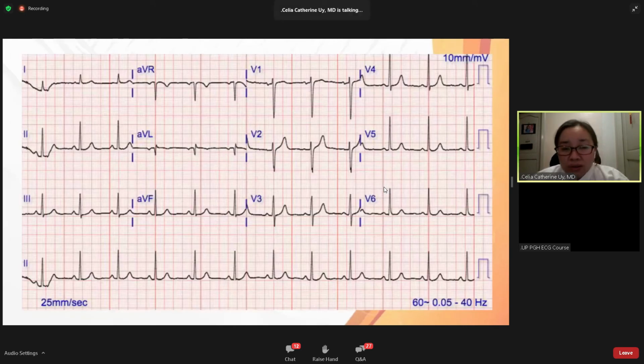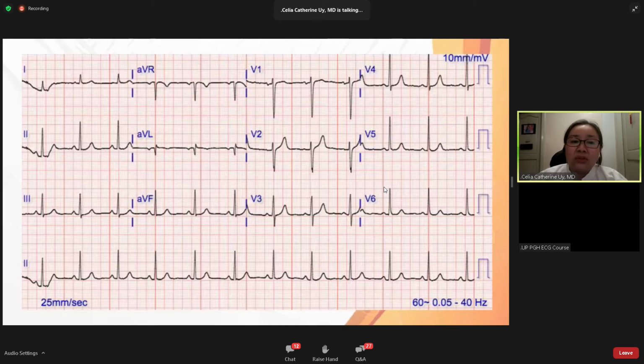All right, so all you need to do here is go back to Dr. Magna's lecture about axis in a normal ECG. If you use a very simple thumb method, then you should be able to get your answer right away. Look at leads 1 and aVF, and they're both positive. We didn't ask you for the exact frontal axis, we only asked you between what numbers, so the range.